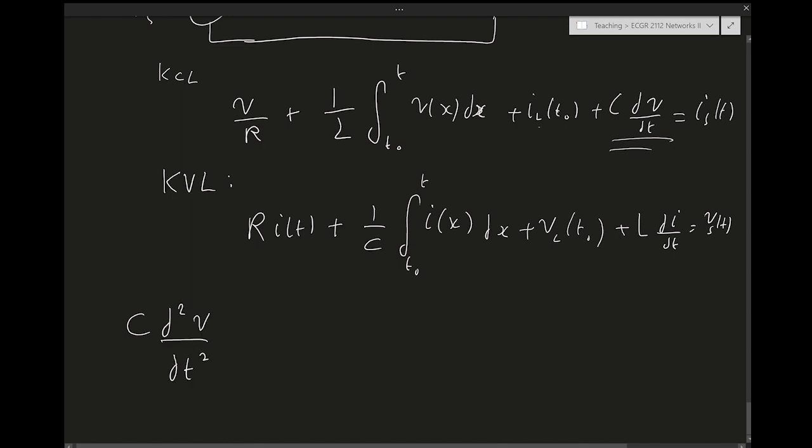I differentiate this term, I get 0, it's a constant, right? What happens if I differentiate an integral? What's the inverse of integration? Differentiation. So if I differentiate an integral, I get the original variable inside the integration.